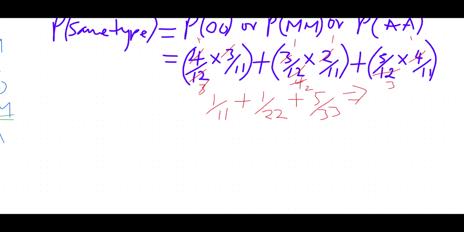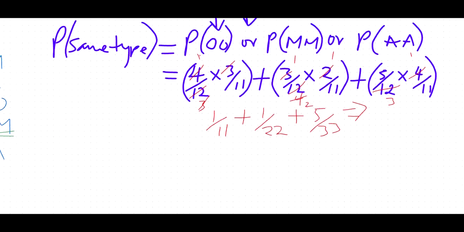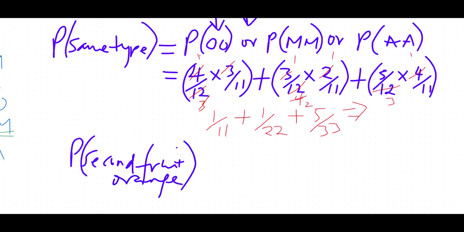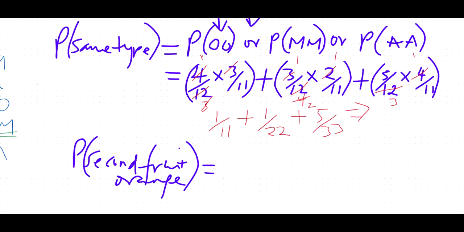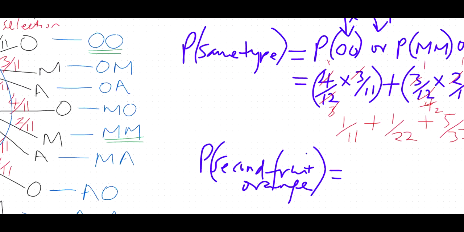Now here, the probability that the second fruit is an orange will be... So now you check which root gives you an orange as a second fruit.